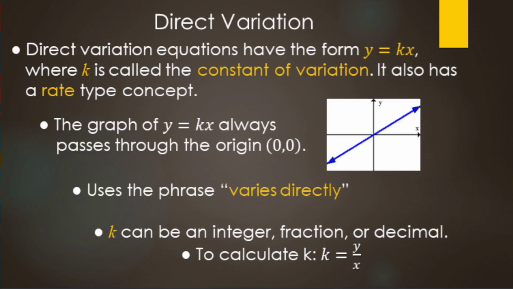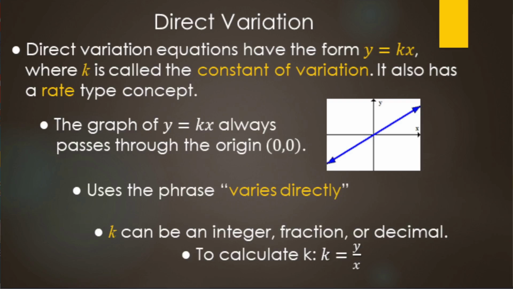So these are two ways of finding direct variation. One, they say direct variation, or it goes through the origin, or they use the phrase varies directly. Then you know, hey, I have a direct variation. And then K can be an integer, a fraction, or a decimal. And then to calculate it, you're taking the dependent variables divided by the independent variables.